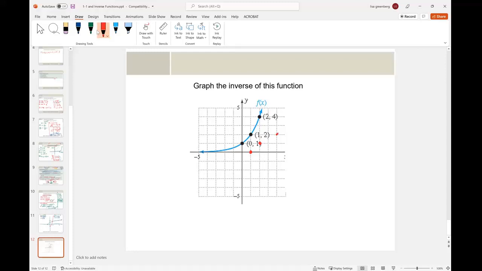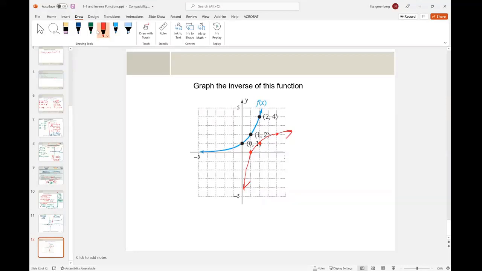Okay. And I notice as I get more and more negative, I get closer and closer to the x-axis. So I'm assuming there's a horizontal asymptote there, which means that I'm going to have a vertical asymptote on my inverse function. So it's going to look something like that.